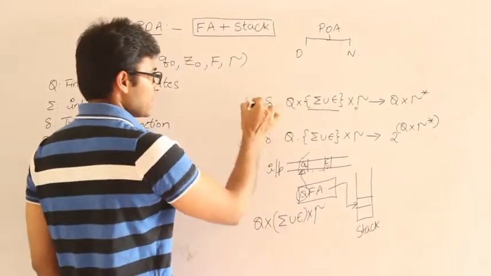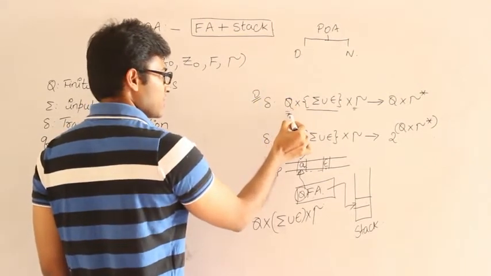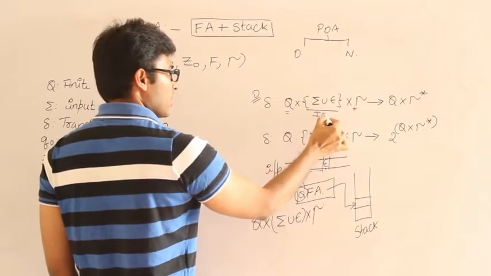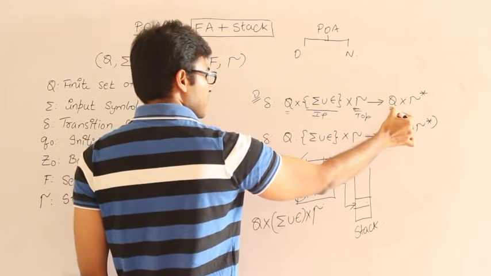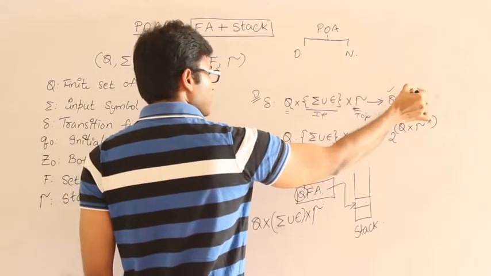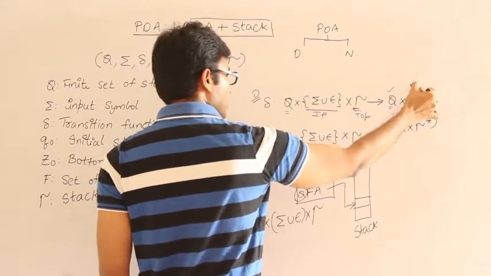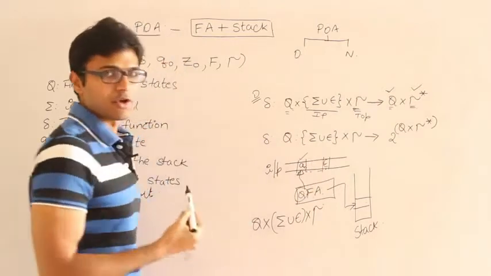If this is the case, it is called a deterministic machine: if you are in some state, and you see some input and the top of the stack, and you decide to go to only one state and push something very particular, then this is called a deterministic push-down automata.